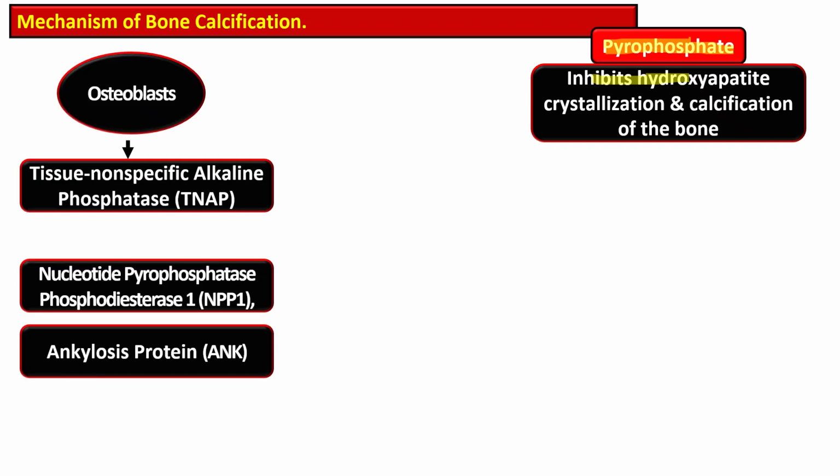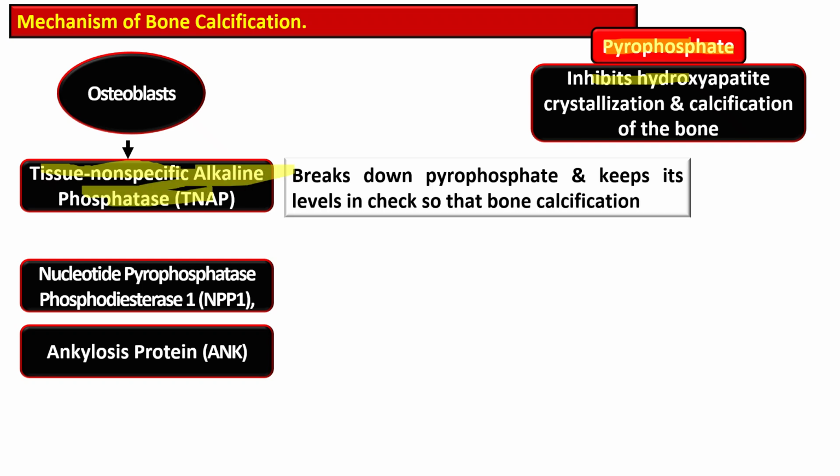TNAP, or tissue non-specific alkaline phosphatase, is another regulator of pyrophosphate and bone mineralization. It breaks down pyrophosphate, and it is secreted by osteoblasts into the osteoid.